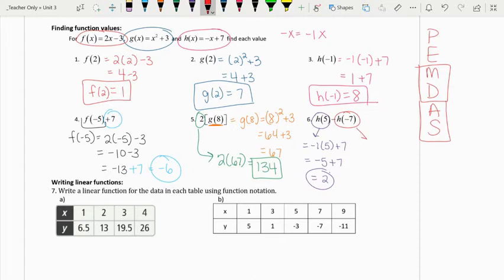Then we have to find h of negative 7. So this one would be negative 1 times negative 7 plus 7, which gives me a positive 7 plus 7, which is 14. Now it says we're going to take h of 5 and subtract. So it's 2 minus 14, which gives me negative 12 as my final answer.